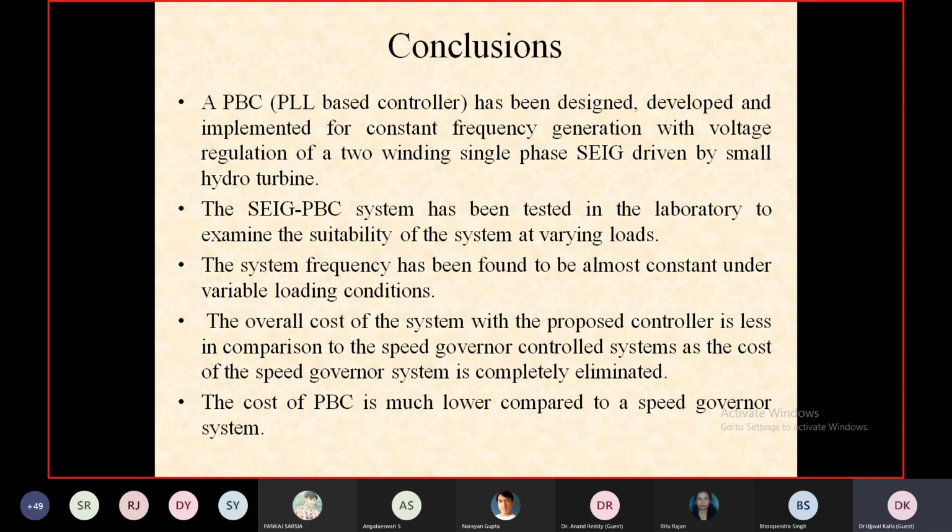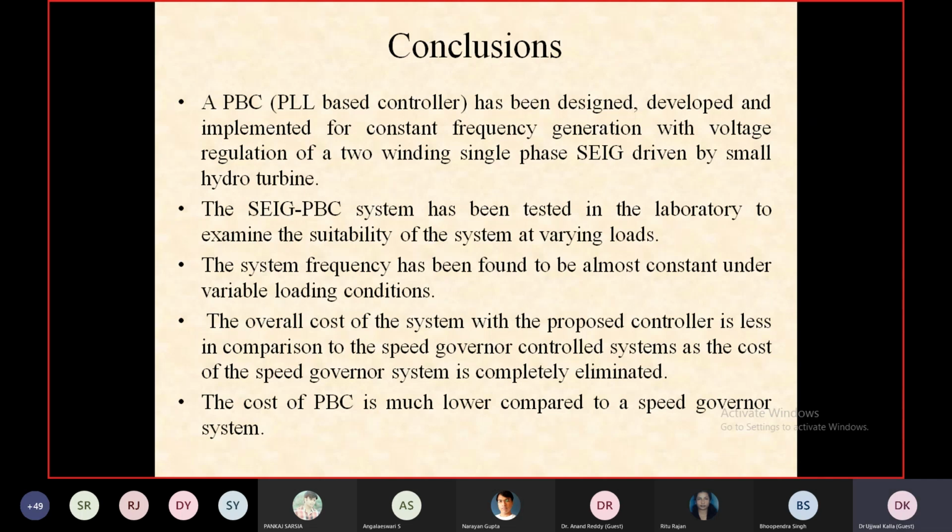My controller is also functioning like a speed governor. It is maintaining system voltage, system frequency, and also a constant speed of the generator. Usually speed governors are used for system frequency control. That is not required here.